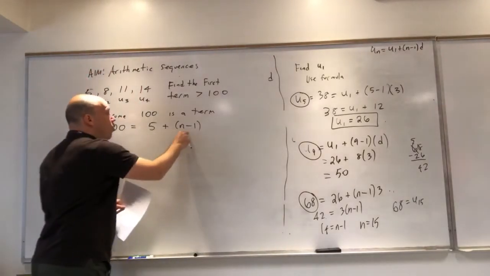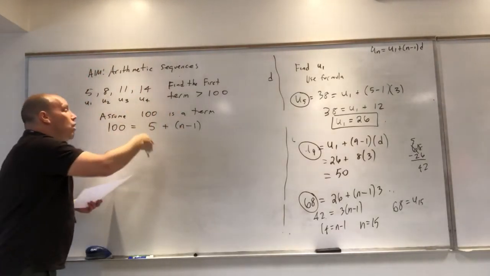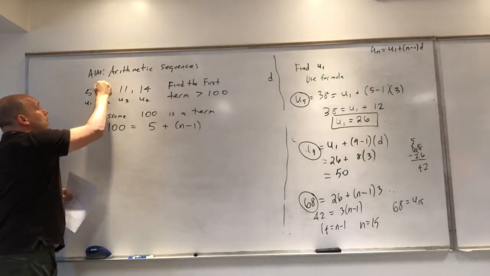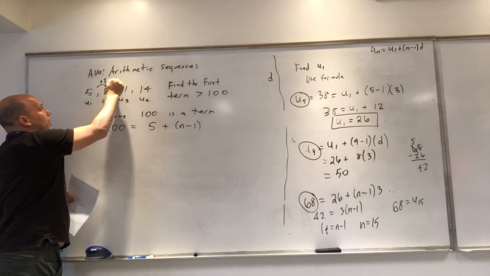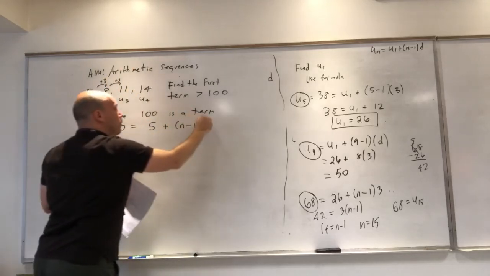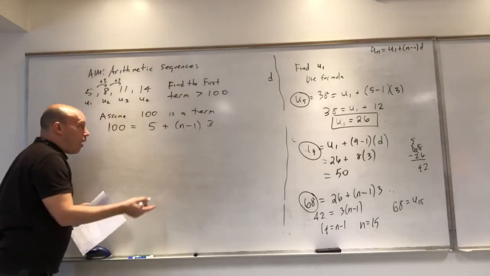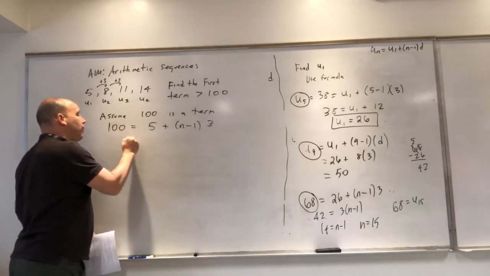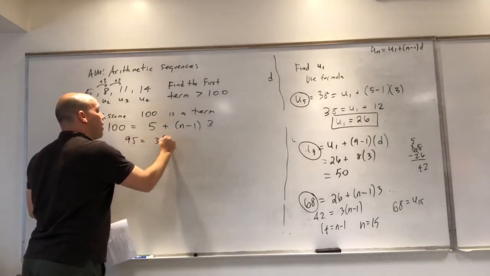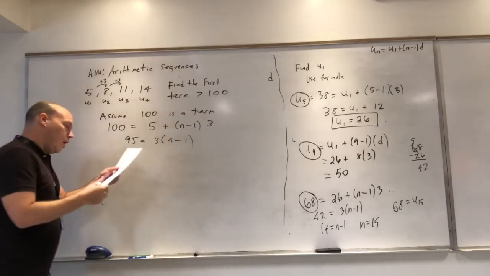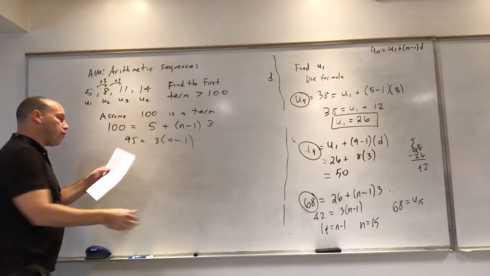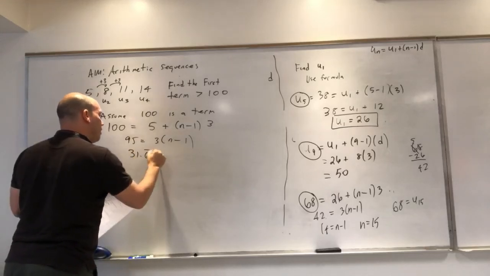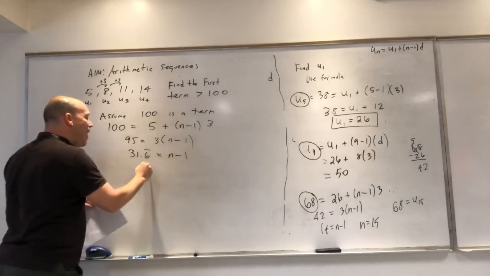So I have n minus 1 times, oh, by the way, what is the common difference here? Well, this is easy because it's plus 3. Okay, I'm going to use my GDC, or I'm going to solve by hand, so I have 95 is equal to 3 times n minus 1. 95 divided by 3 is 31.6 repeating.